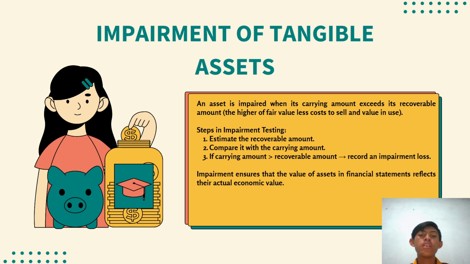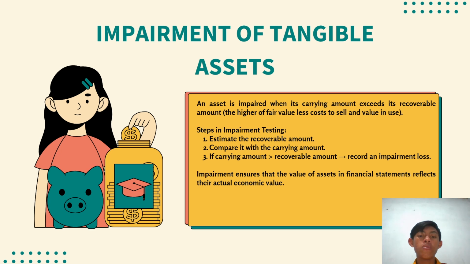Impairment of tangible asset. An asset is impaired when its carrying amount exceeds its recoverable amount, the higher of fair value less cost to sell and value in use. Steps in impairment. There are: 1. Estimate the recoverable amount. 2.